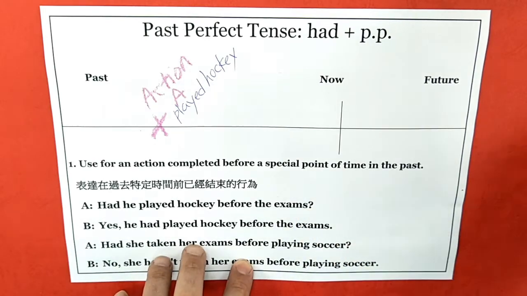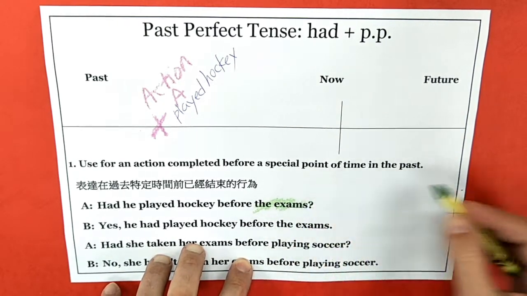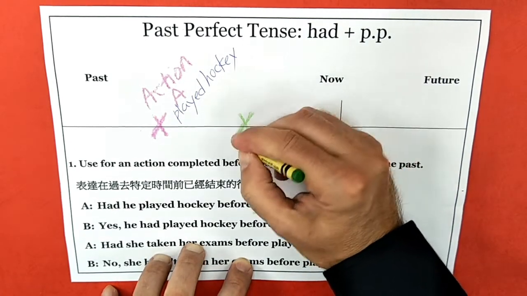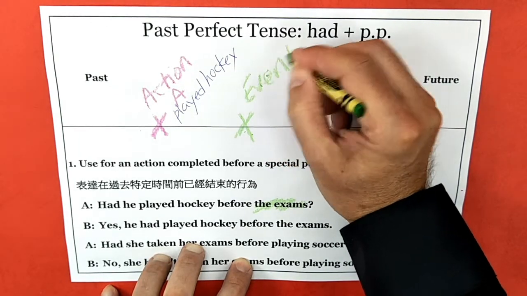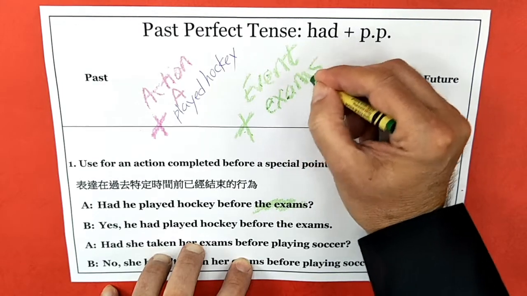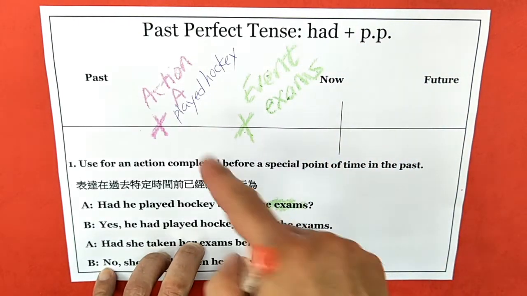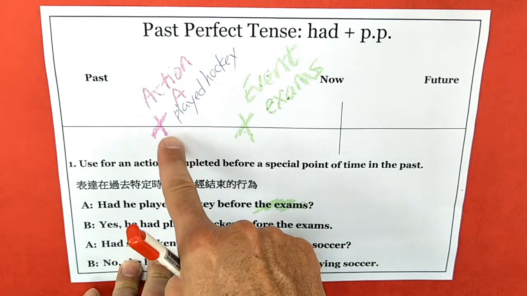He had exams. Exams. So here are the exams. This is event or a time. And that was the exams. Okay, so he starts playing hockey.